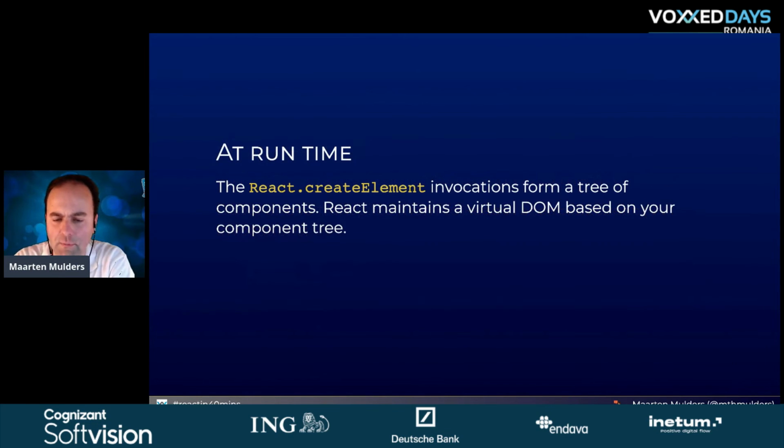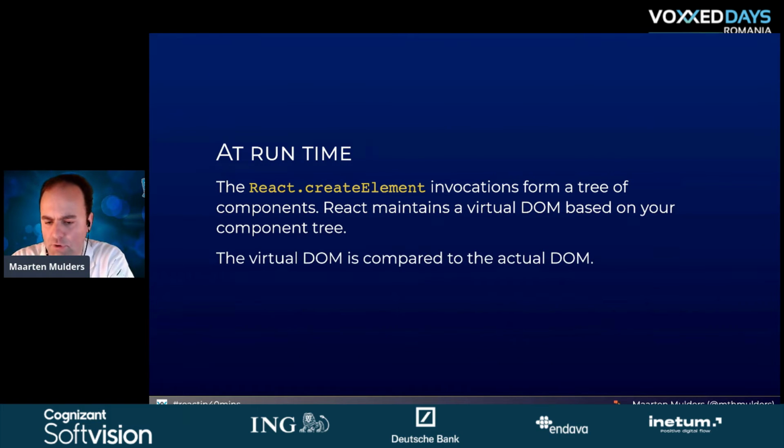The second piece of the magic happens at runtime. At runtime, all those React.createElement invocations that we saw create kind of a tree of components, and React builds a virtual model of what your document object model should look like based on that tree of components. So each create element returns an object, those are nested, and that kind of forms a mental map of what the document object model should look like.